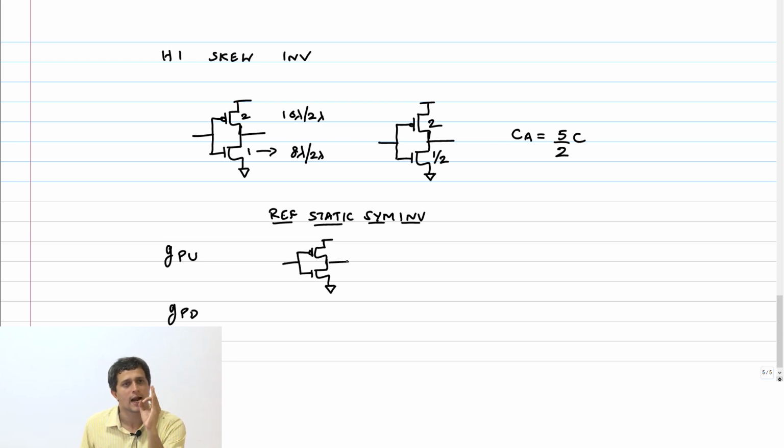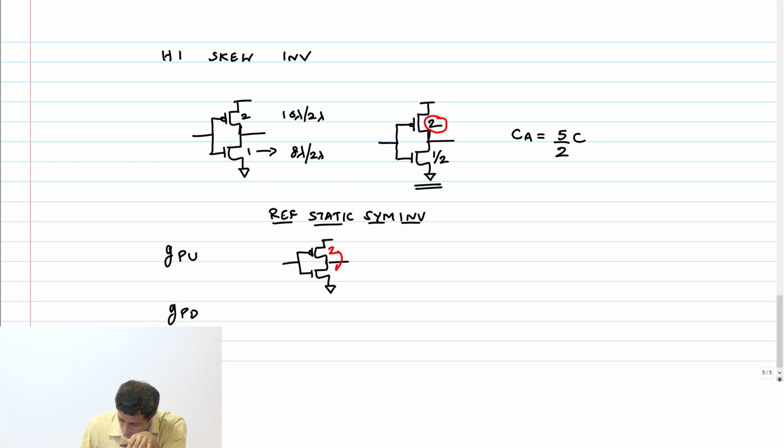So I am now looking at pull up. I have to compare this high skew inverter to a reference static CMOS symmetric inverter with the same pull up strength. Therefore, this 2 here has to appear on the PMOS. If that is 2, what should my NMOS be for this to be a symmetric static CMOS inverter? 1.